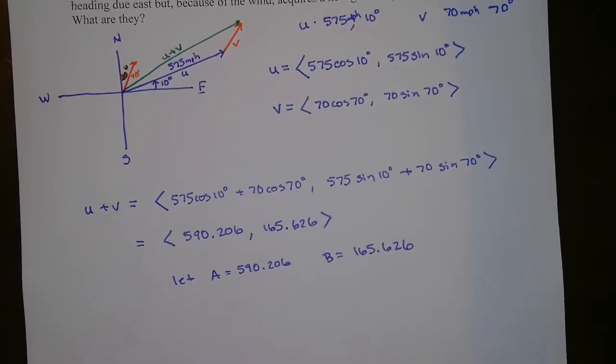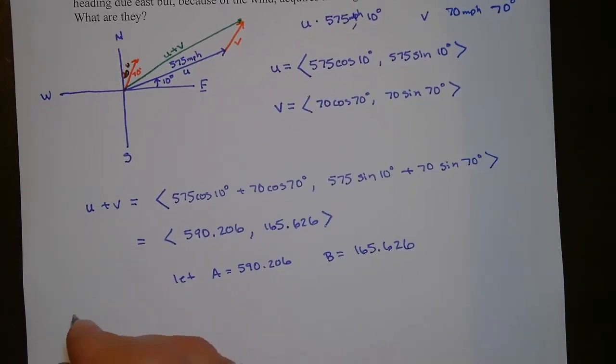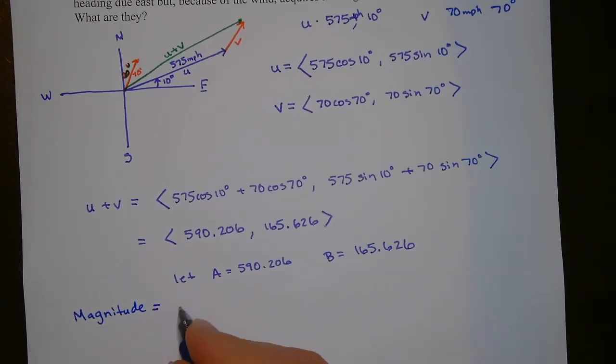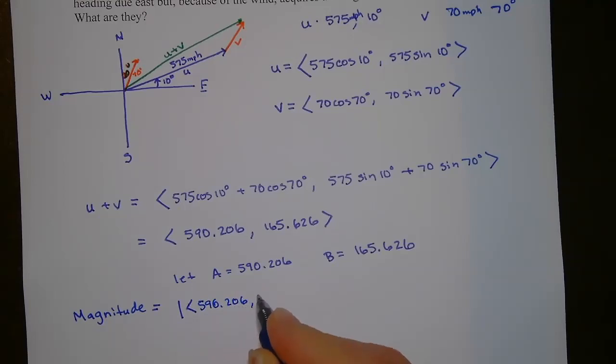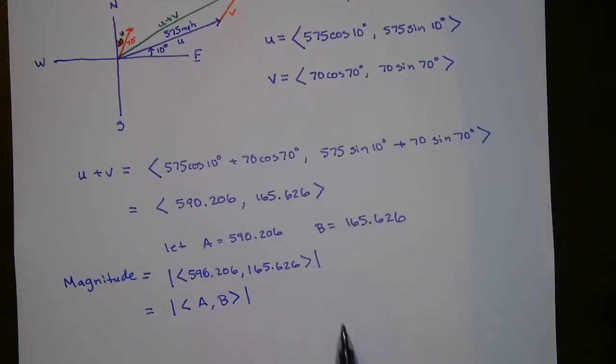The magnitude would equal the absolute value of the vector 590.206, 165.626. But we're calling this A and B, so this is equivalent to the absolute value of the vector A, B. And we store that like alpha A and alpha B.